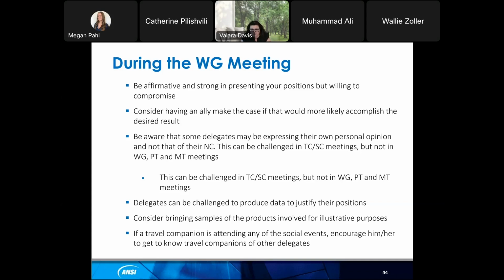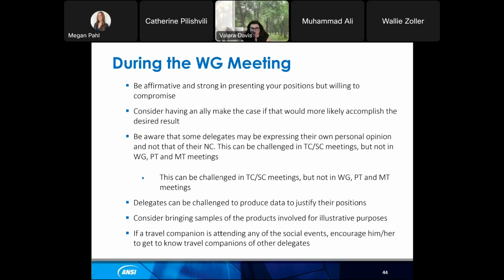That doesn't apply to a working group, project team, or maintenance team meeting. But if you do feel that at a plenary a head of delegation of another country is presenting a personal opinion, you do have the opportunity to challenge that with the chair or secretary of the IEC technical committee.